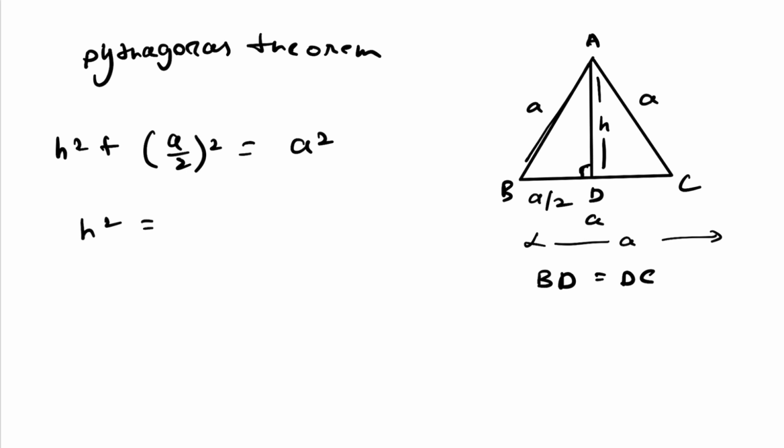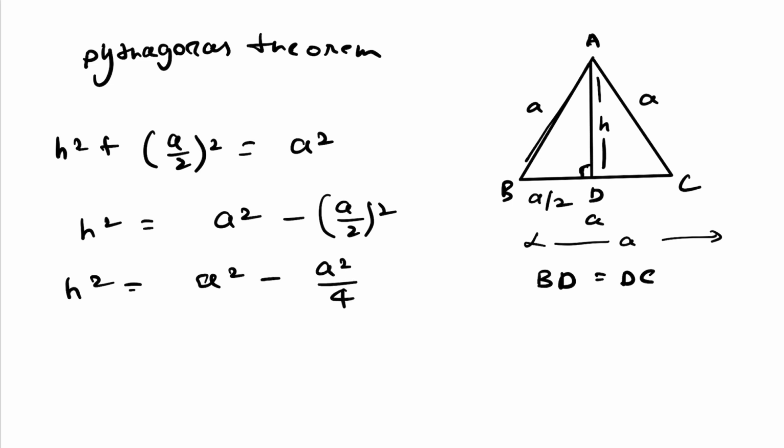H square is equal to A square minus (A by 2) square. So H square is equal to A square minus A square by 4. So H square is equal to 3A square by 4. So H is equal to root 3 A by 2.